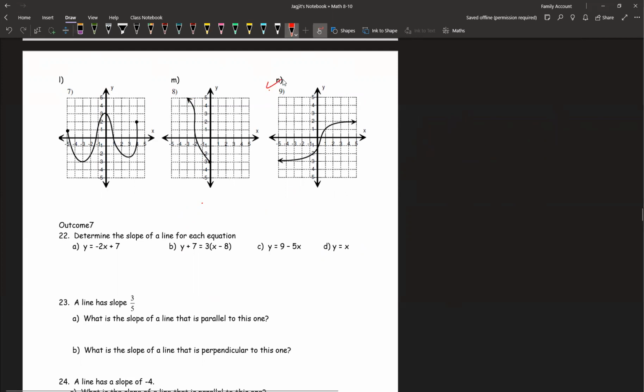For the next one, for this one, your x values are going from -infinity to +infinity. So your domain is from -infinity to +infinity. Now let's have a closer look at the range, okay? Let's see what's it doing for the y. Okay, guys, this one is actually a bit tricky.